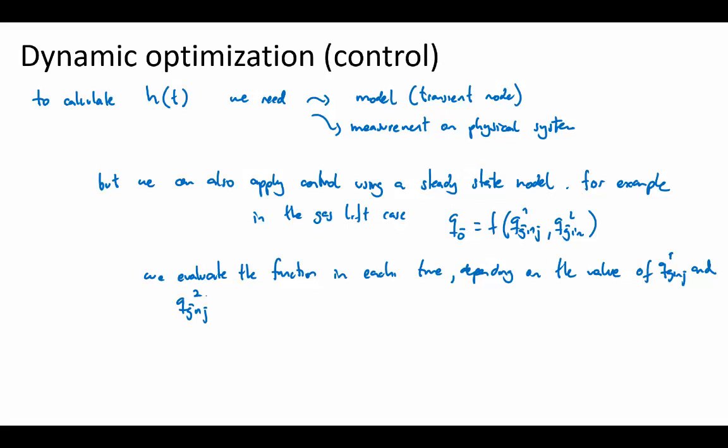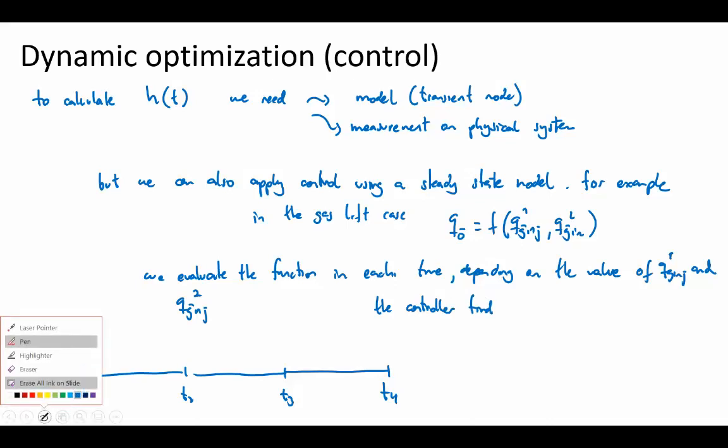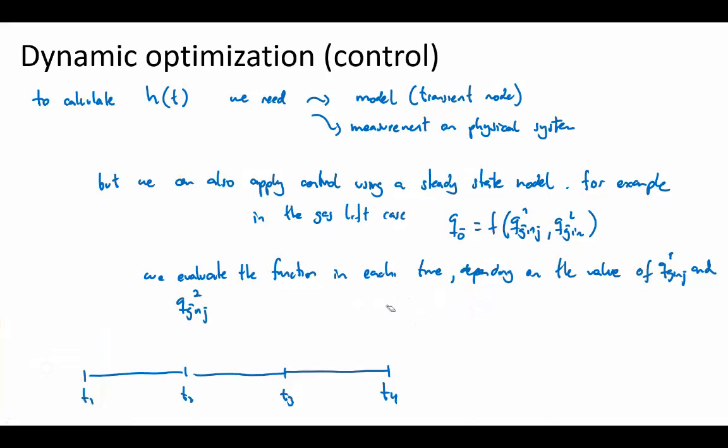Simply in every time that we are, time 1, time 2, time 3, time 4, I take a measurement, let's say for example at time 2, then I decide on my Q, the controller finds, but let's not do it like that, let's use a new slide.